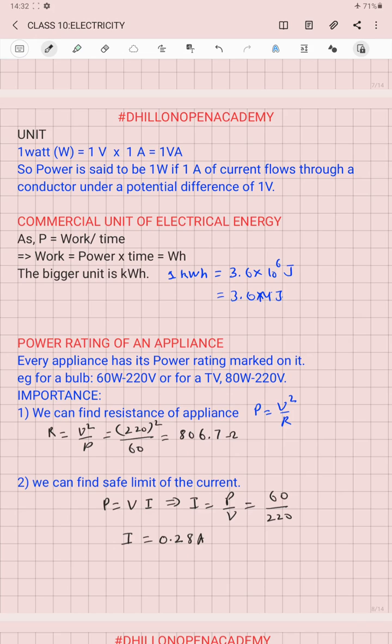At that stage, the filament will break and the bulb will stop working. So every device has a certain safe limit of current up to which the appliance is going to work properly. Any current greater than that safe limit is going to harm the appliance.